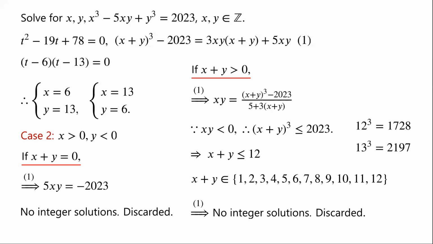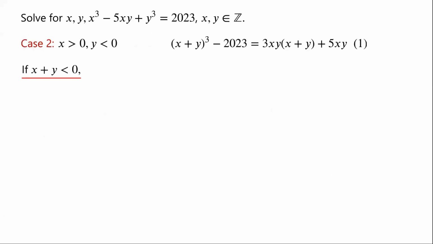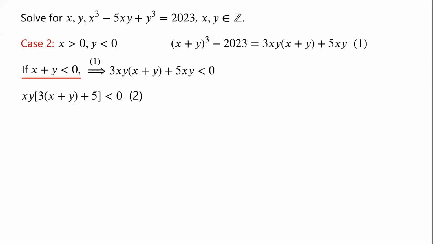So discarded. If x plus y is less than 0, then the left side of equation 1 is less than 0. So the right side of equation 1 must be less than 0. So we write 3xy times (x plus y), plus 5xy, is less than 0. Note the two terms have a common factor xy, so we can now write xy times (3 times (x plus y), plus 5) is less than 0.